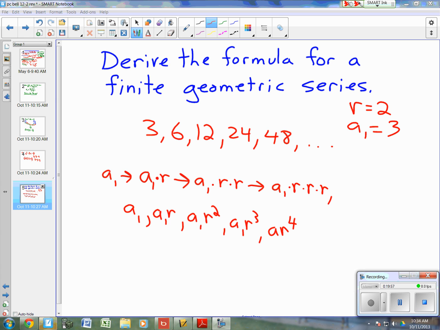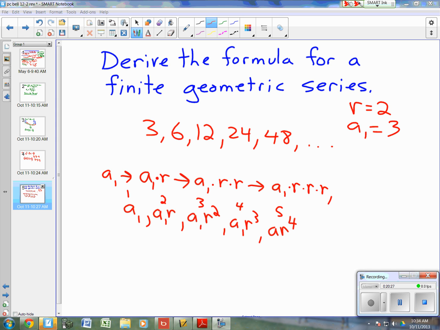Now, if we counted this as the first term, second term, third term, fourth term, fifth term, and so on, you will notice that the number of r's is always one less than the term number, right? For example, right here, the fifth term, the number of r's in there is 4, which is one less than 5.